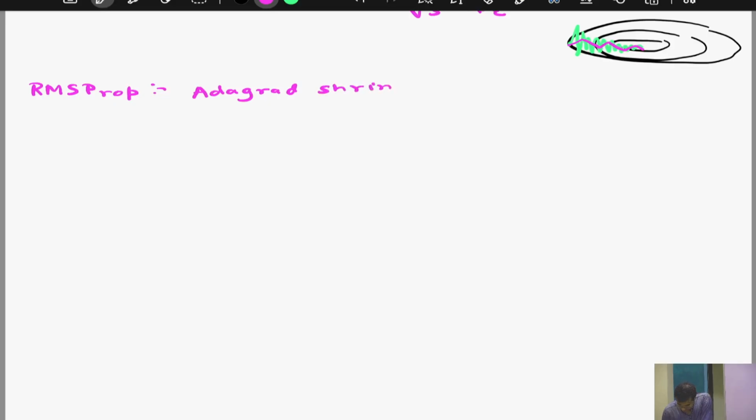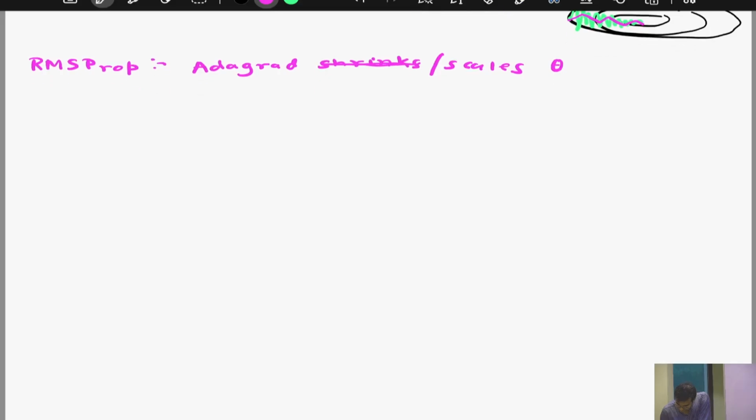scales. Scales is probably the correct term. Shrinks, don't write shrinks. I'm deleting it. Just write scales. Shrinks means it is always reducing, which need not be the case, right? It scales theta, not theta, it is the learning rate, right?